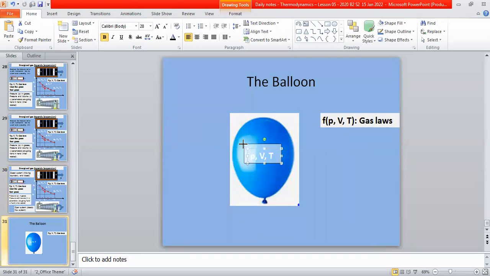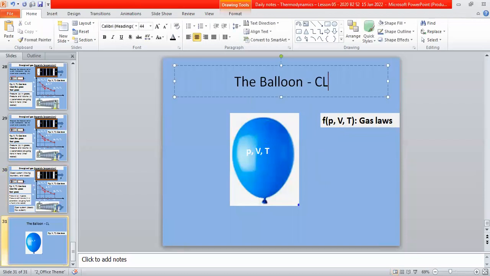Very nice. So here, closed system. You can press the balloon, but if you take this balloon and try to press it, you feel the force, the resistance from the balloon. You cannot simply press this.